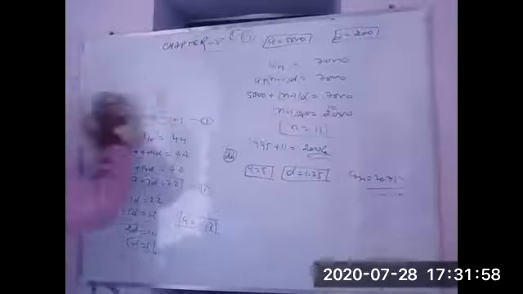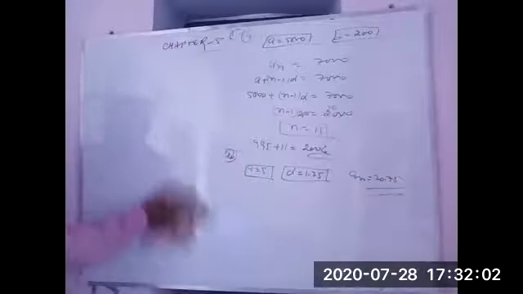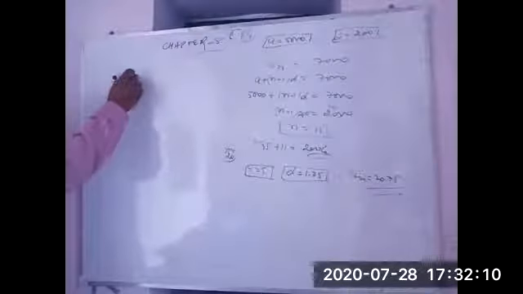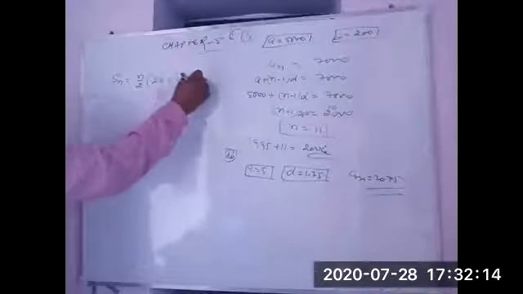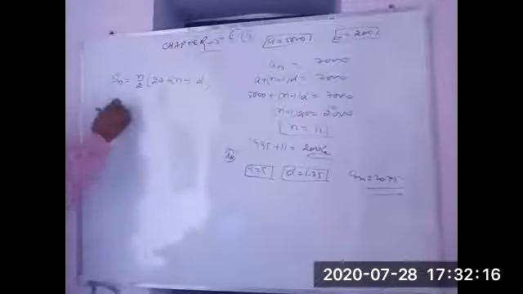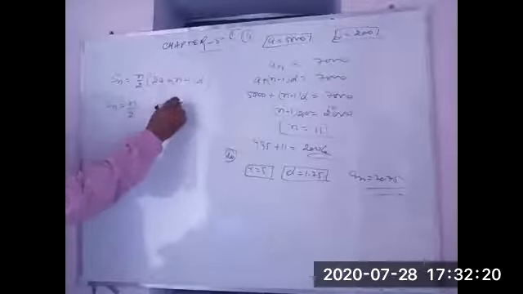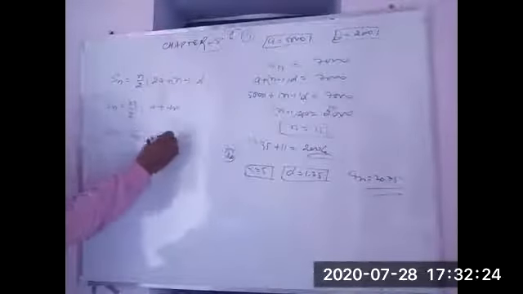Now I am telling you 3 formulas which you have to prepare for the next exercise, by which you will be able to do your exercise 5.3. Sn will be equal to n by 2 times (2a plus (n minus 1)d). And I can write it as n by 2 times (a plus an). And an will be equal to Sn minus S(n minus 1).